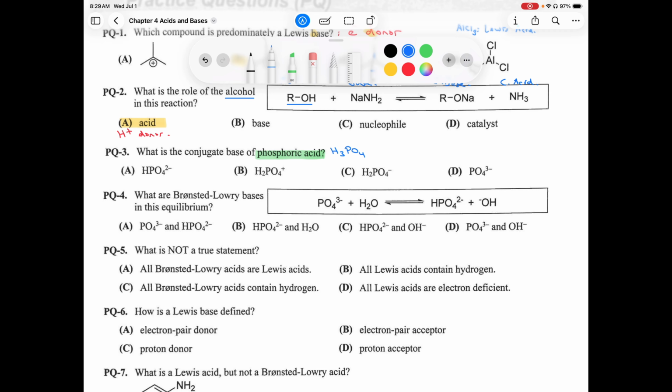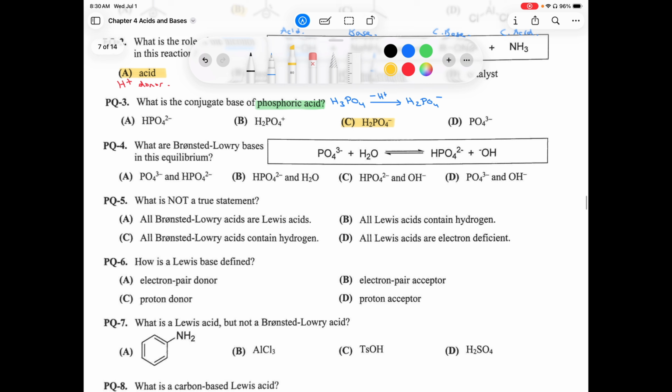And we're looking for the conjugate base. So the conjugate base is what's left over after it loses a proton. So if the phosphoric acid donates H+, so I put a minus sign here for losing H+, you're left over with H2PO4, and it's going to have a -1 charge. And so our answer is going to be C.